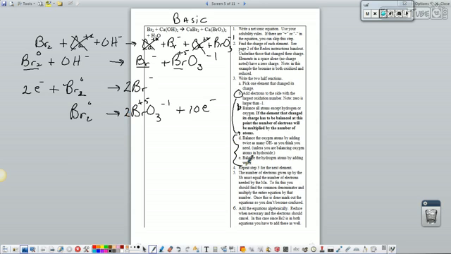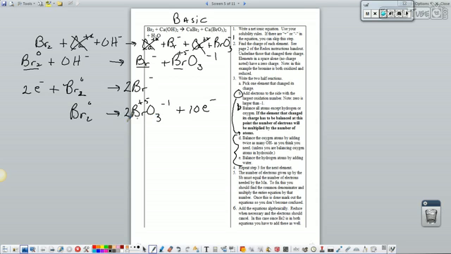Now this is the only thing that's different about balancing a basic equation. D says balance the oxygens by adding twice as many OH negative as you think you need, unless you are balancing oxygen atoms in hydroxide. If this were hydroxide, I would simply add hydroxides over here and be done with it. But it's not.